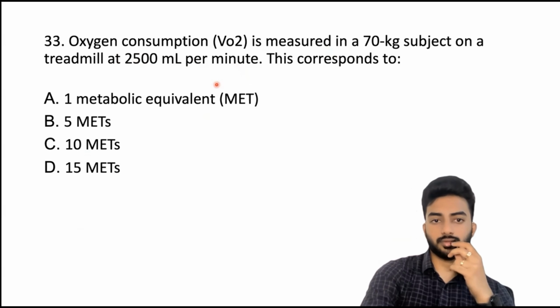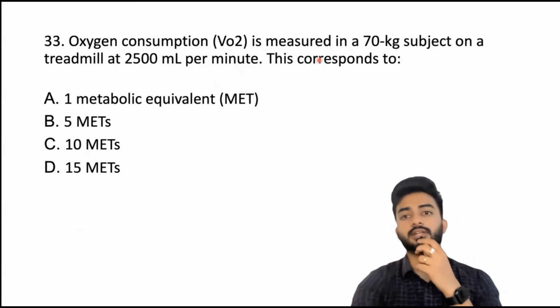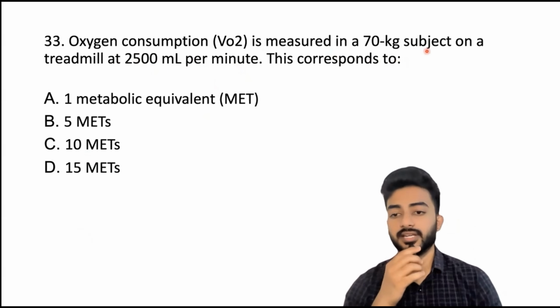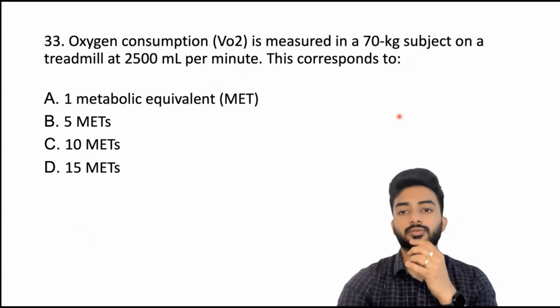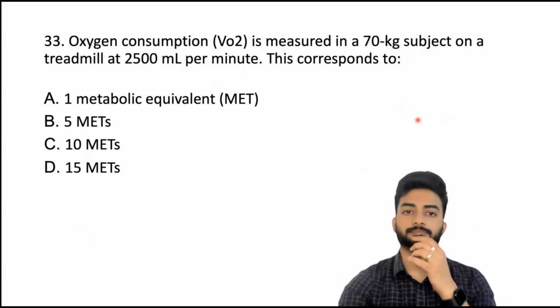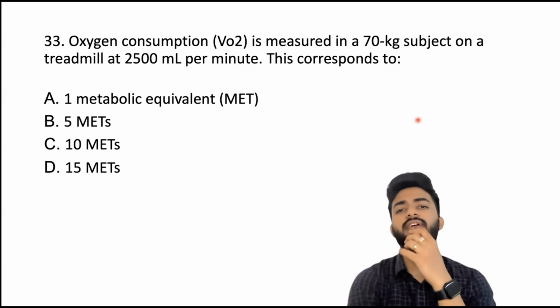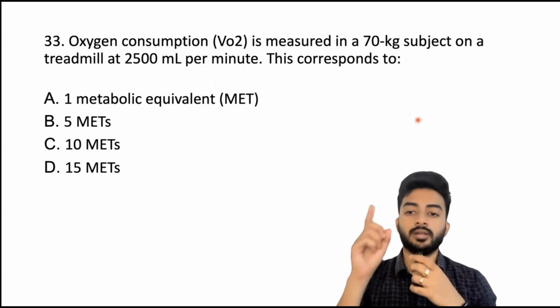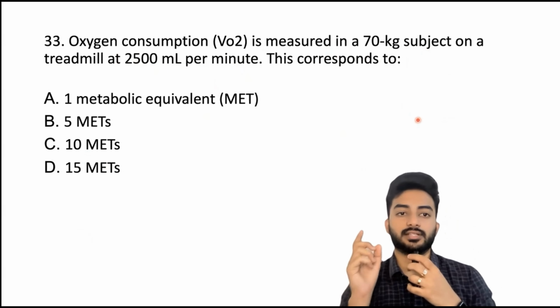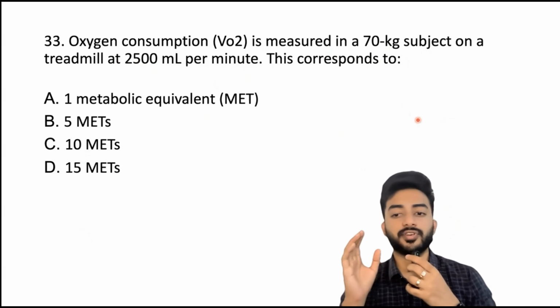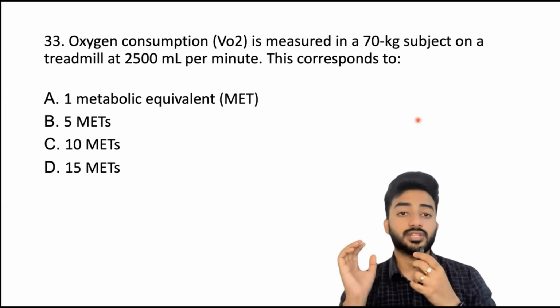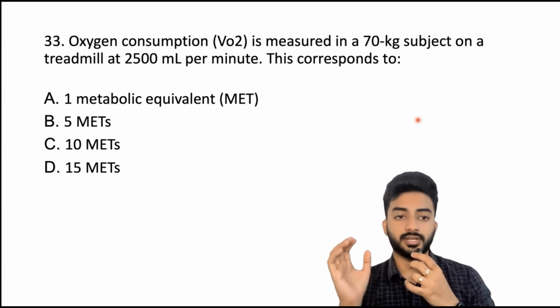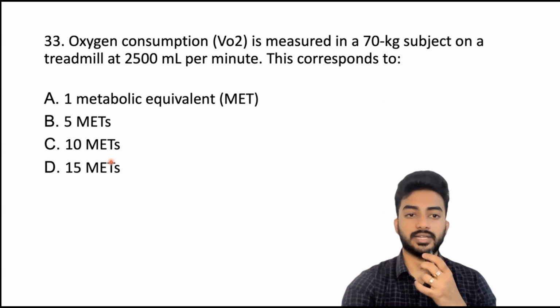If we divide the 2500 ml per minute by the weight of the patient, that is 70 kgs, we will be getting 2500 divided by 70, that is 35. That will be 35 ml per kg per minute. But we know that 1 met is equivalent to the energy expenditure of 3.5 ml per kg per minute. So 35 ml per kg per minute will correspond to 10 mets.